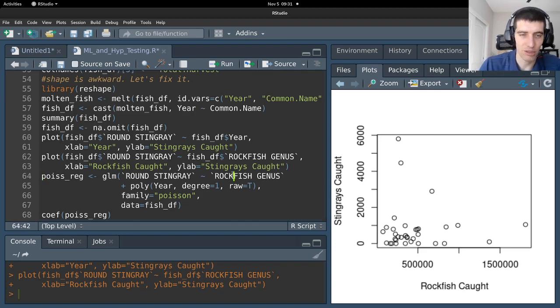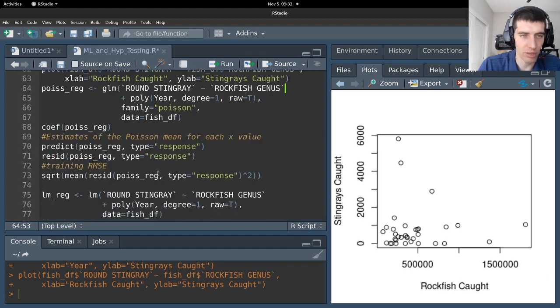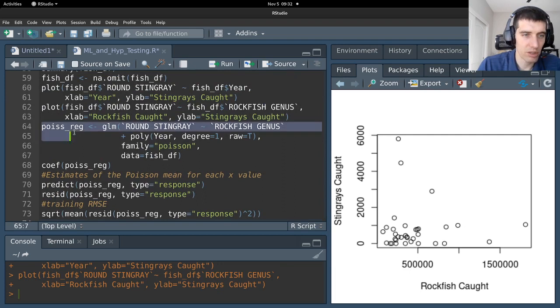I'm no marine biologist, but what I like about this problem is that the response variable, the number of round stingrays caught, is a non-negative integer, and so it fits the Poisson regression setting. Okay. And so here we're going to build the Poisson regression model. So Poisson regression model using GLM is exactly as before.